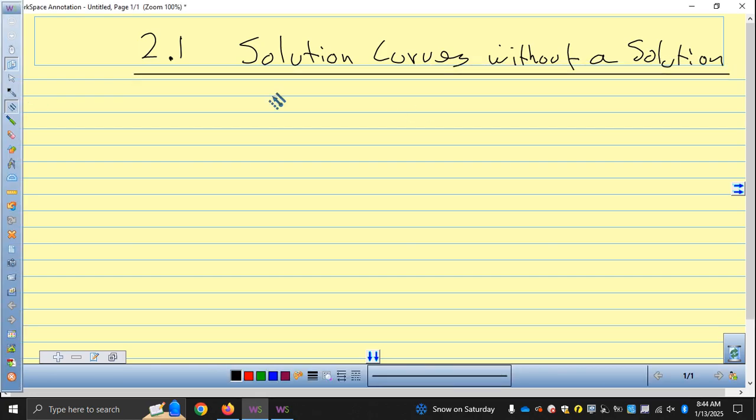All right, so today we're going to talk about solution curves without a solution. And the entire chapter 2 is about first order differential equations. We can often figure out important information about differential equations without actually solving them. Sometimes we can't solve them, and we need to figure out that information some other way.